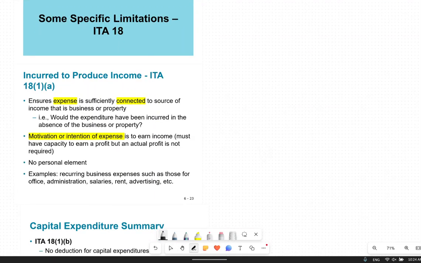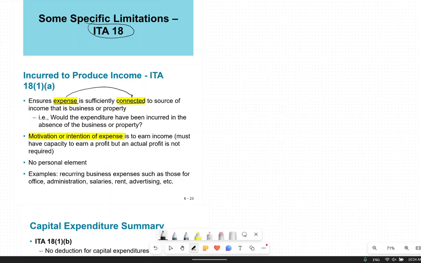Now when we think of the limitation of Income Tax Act 18, rule 18 ensures expenses are sufficiently connected to the source. If the expense is connected to the source of income, that is a business or a property, you will be allowed to deduct it.